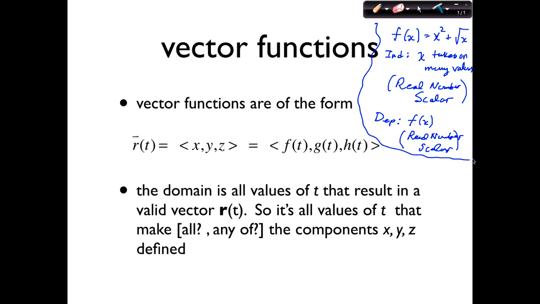Okay, so what about vector functions? We want to analyze a vector function the same way. It's got an independent thing and a dependent thing. Here's the form of a vector function: r of t equals f of t, g of t, h of t.